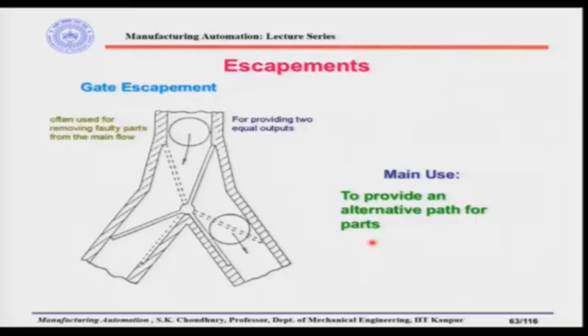For example, this is called the gate escapement. In the gate escapement, this is often used for removing the faulty parts from the main flow. Now, let us say that here there is a passage through which the parts will be coming, and here there is a device. When the part is coming in this way, it will go, since this passage is open. So, this is bifurcated as you can see, and this is pivoted here.